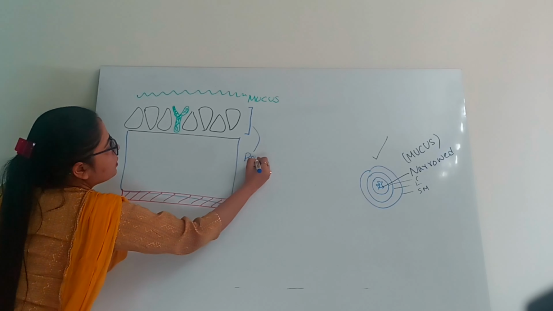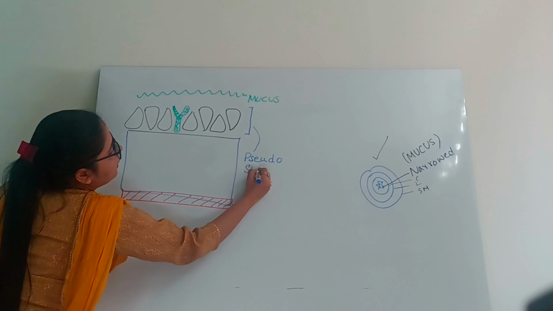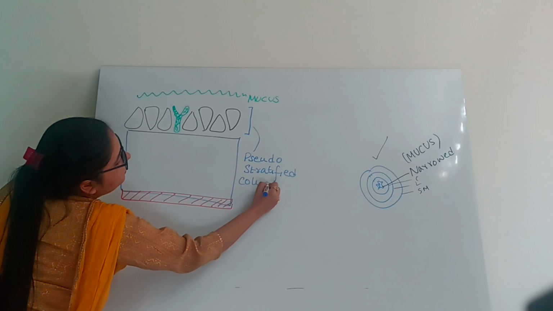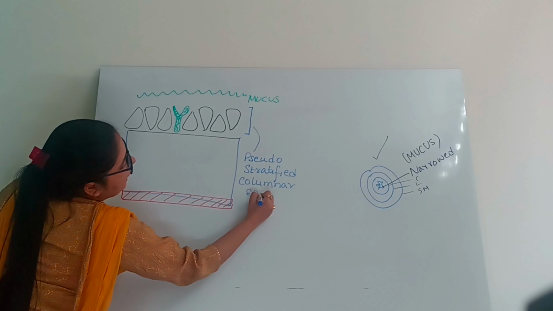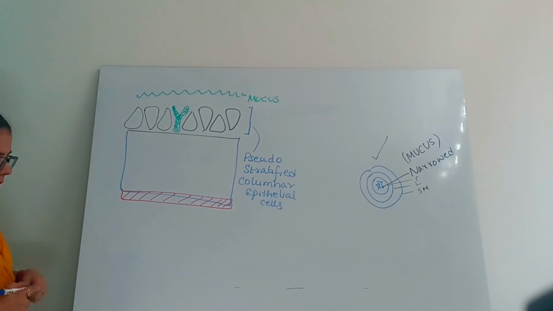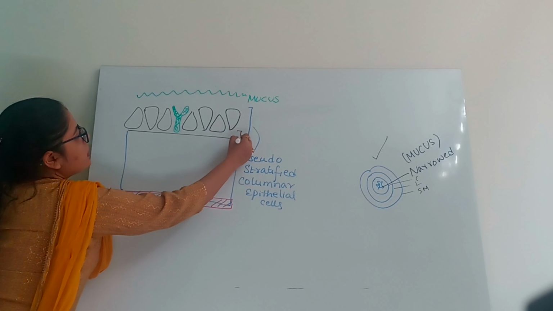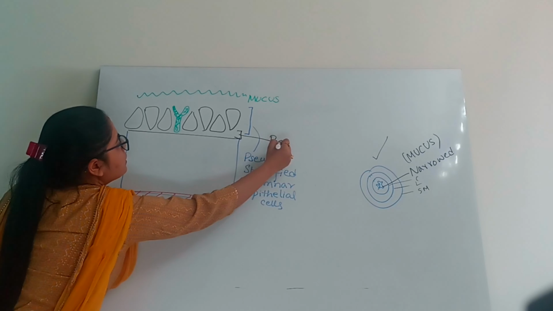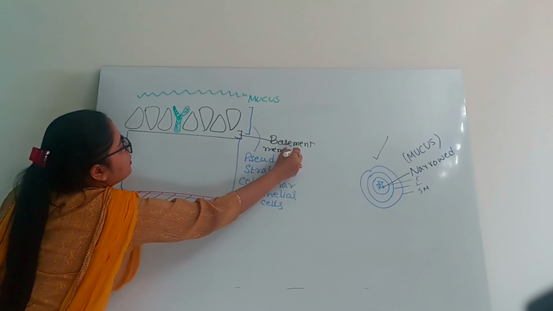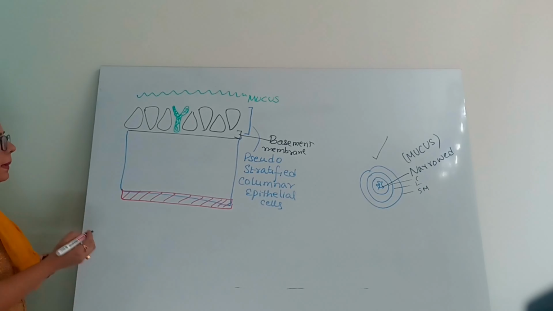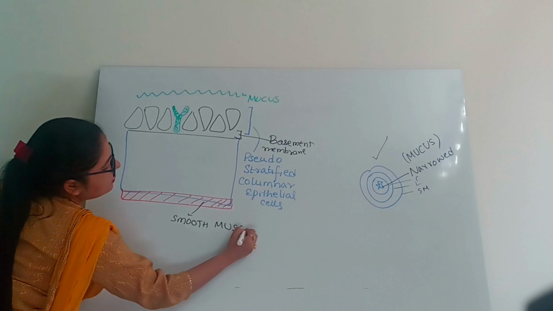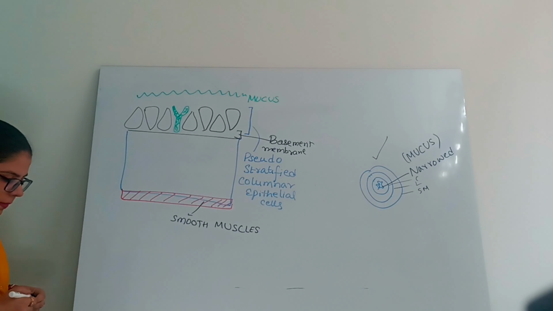This is the pseudo-stratified columnar epithelium, epithelial cells. This is called the basement membrane. These are the smooth muscles, correct?